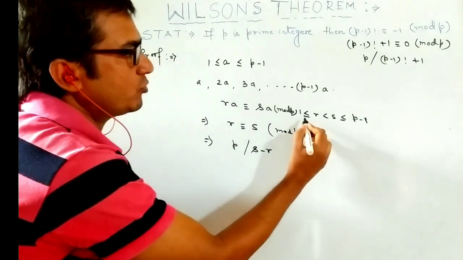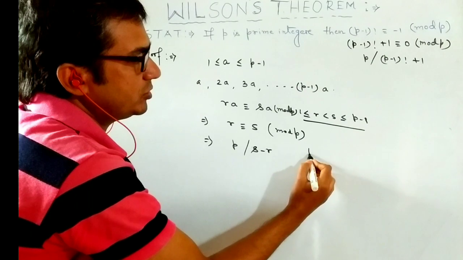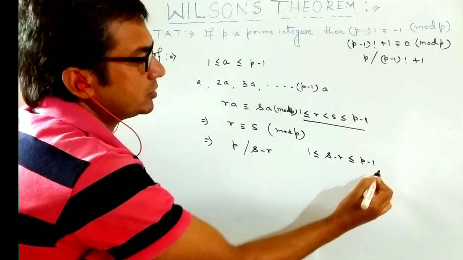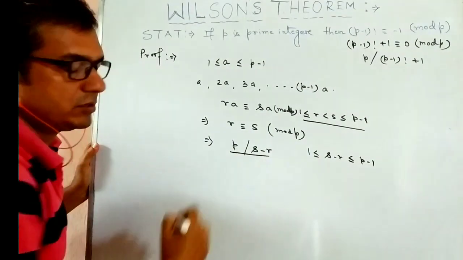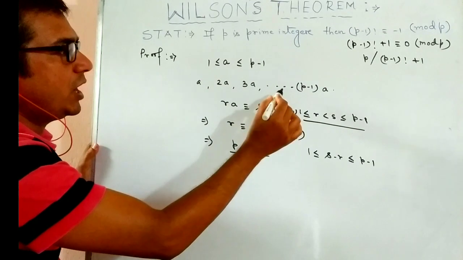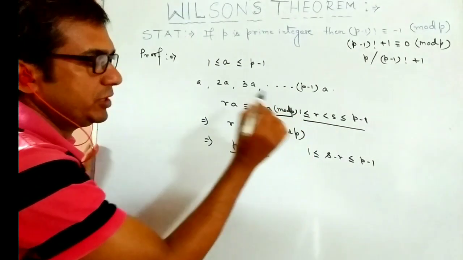But from this condition this is impossible. Okay, so no two of them are congruent modulo p.